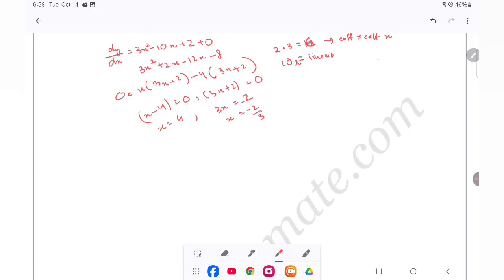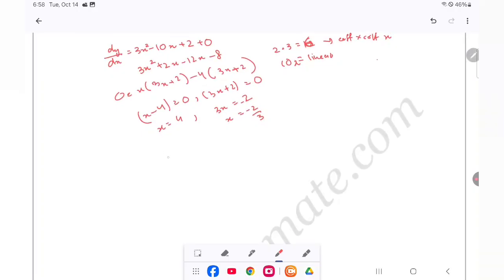For the y value, put these x values into the equation. Negative of 2 over 3 plus 8.